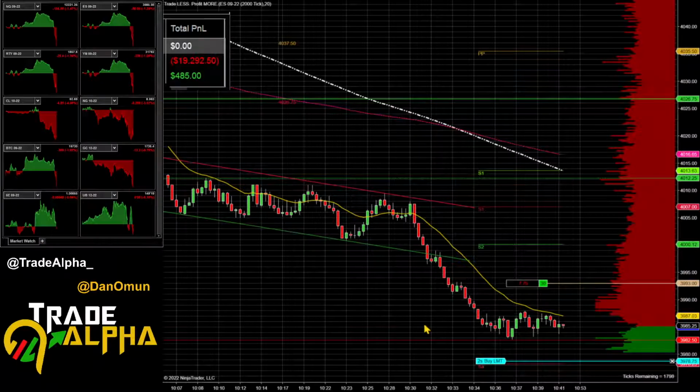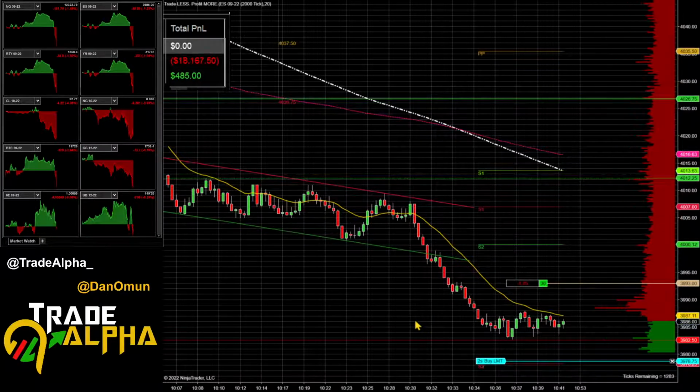But I'd say there's probably a 60% chance that it goes higher from here. I mean, it has dropped far. As you guys can see here on this market watch, it is way down there. Everything's down though, crude oil's down.